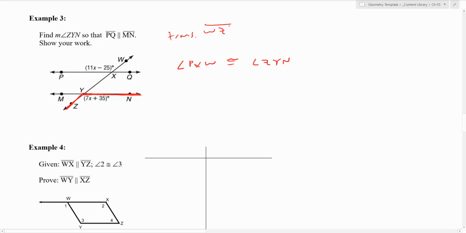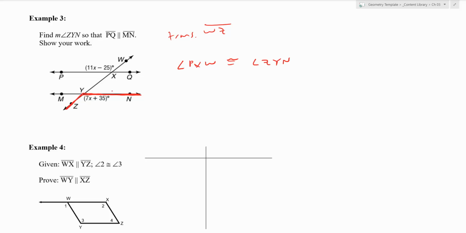Exterior means they're on the exterior of these two lines, PQ and MN, on the outside of the space bound within these two lines. If those alternate exterior angles are congruent, then we can say that lines PQ and MN are in fact parallel. So we're looking for the measure of angle ZYN.